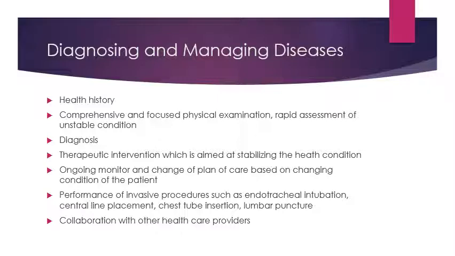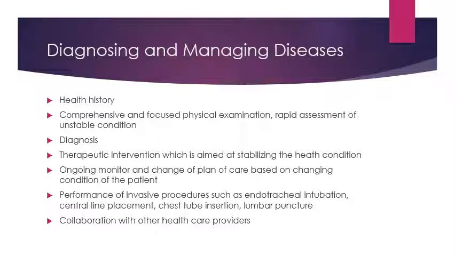And if the patient is unstable, you skip the health history and you go into the focused physical examination. Based on the history and physical examination, you arrive at a diagnosis or a differential diagnosis that you may have.